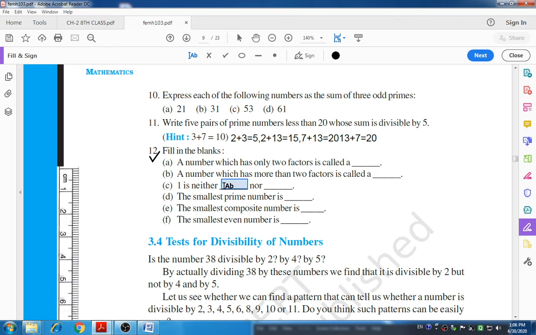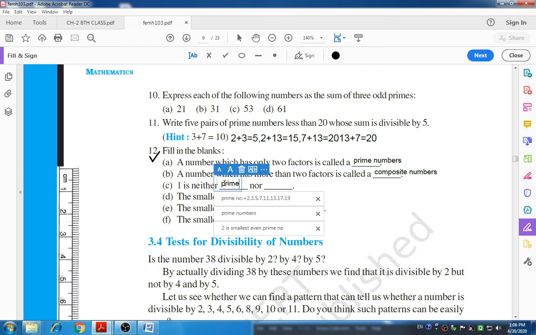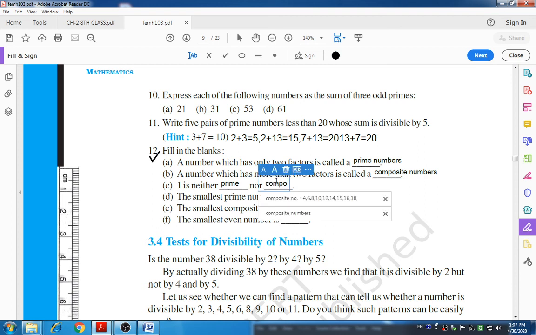One is neither, absolutely correct, prime nor composite. The smallest prime number is 2.